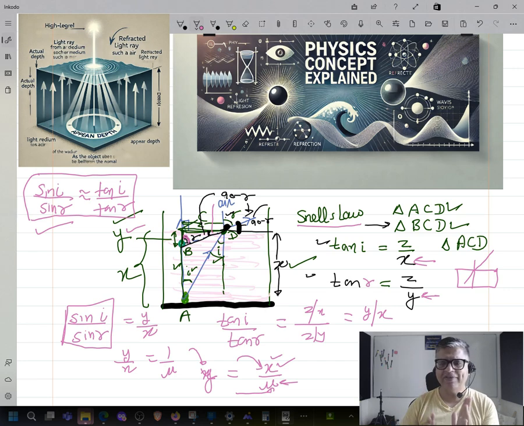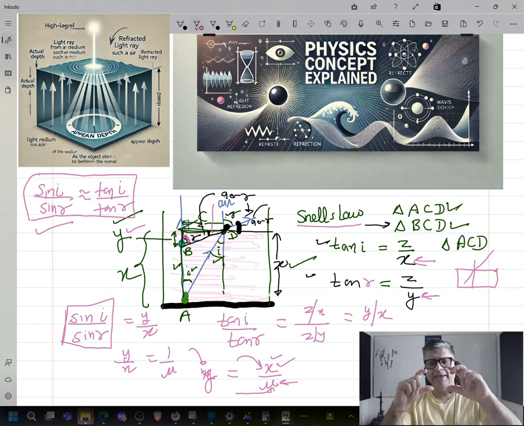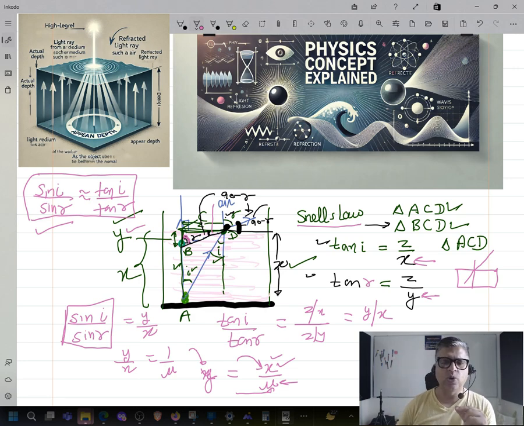If the ray is coming from a medium whose real depth and refractive index are known, apply this in that medium and bring the object up. That becomes the apparent depth, and that apparent depth is now the real depth for the next liquid, and so on. So you can write that up.